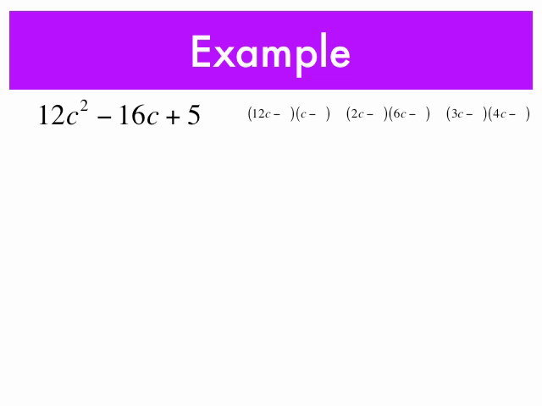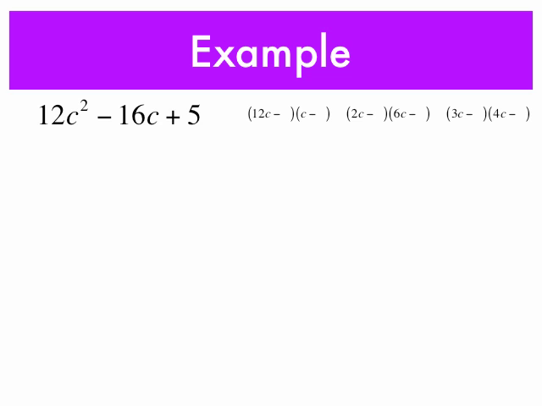12 is very highly factorable. So I'd have 3 guessing frameworks if I list every possible way of doing the first terms in those parentheses. But how factorable is 5? 5 isn't very factorable at all.